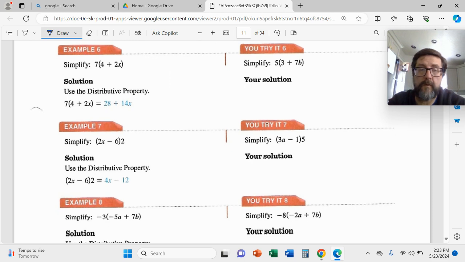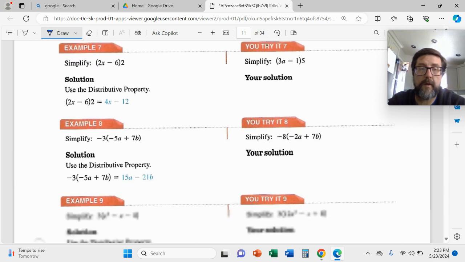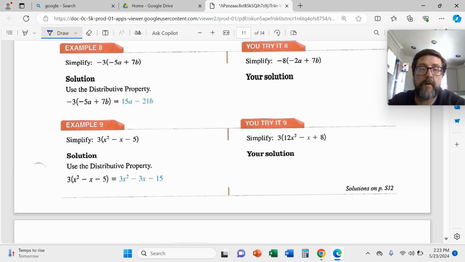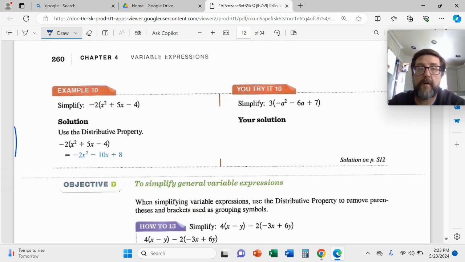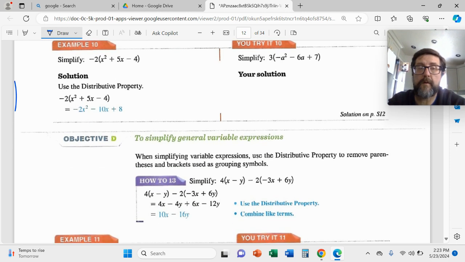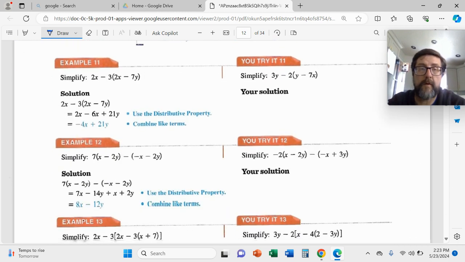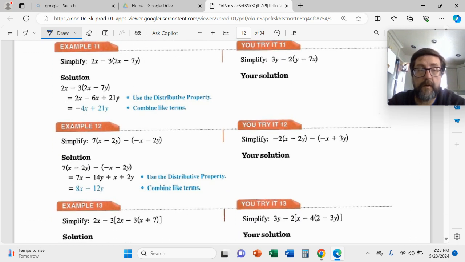Pause it and do these. Pause it and complete these problems.